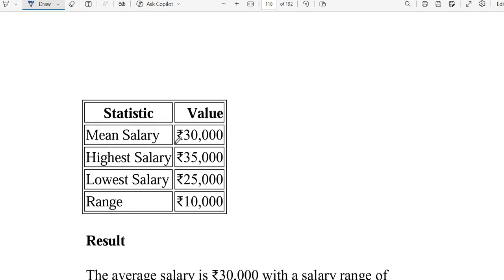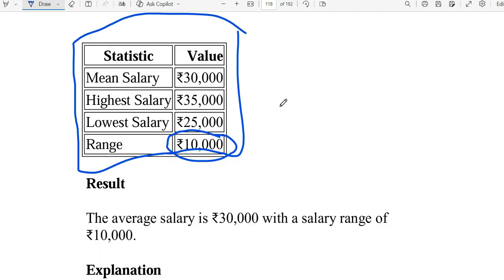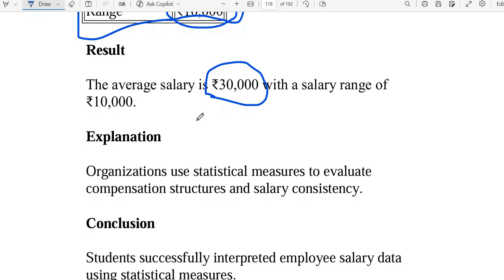Mean salary 30,000, highest salary 35,000, lowest salary 25,000, range 10,000. So this is the interpretation of salary. We can interpret different values also, like student marks and student attendance.